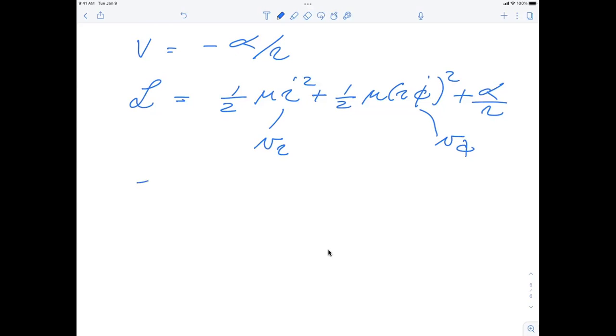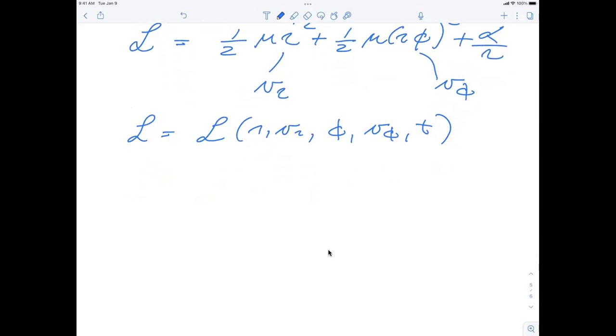So the Lagrangian now is a function of r and v of r. So we have two coordinates, r and phi. If we had x and y, we would have x and y, the velocity in the x direction, the velocity in the y direction, and time. So when we now look at the Euler-Lagrange equation, what we need is ∂L/∂r minus d/dt of ∂L/∂v_r equal to 0.